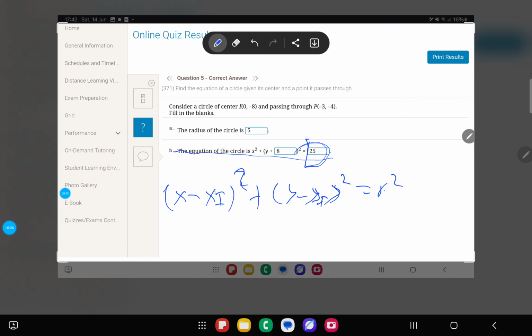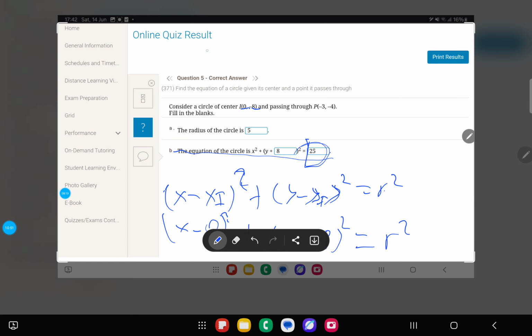Now we have the center 0 and y is negative 8. So x minus 0 squared plus y minus negative 8 squared equals r squared.